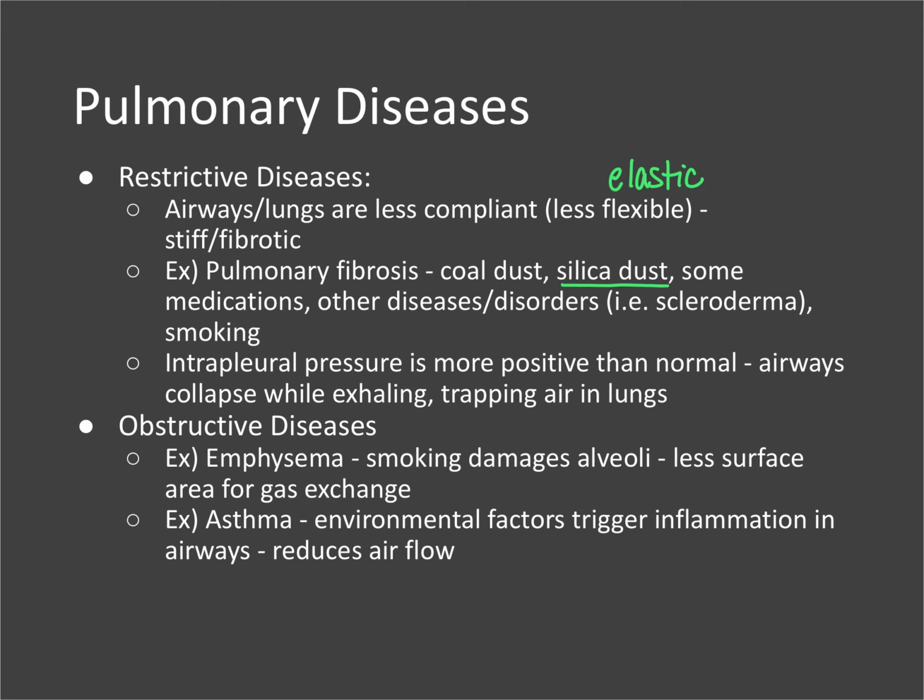And what happens with these restrictive diseases is that the intrapleural pressure, so this is the pressure in the pleurae, basically the serous fluid between the visceral and parietal pleura, is more positive than normal. And so when someone tries to exhale, the airways actually collapse and it traps air in the lungs.